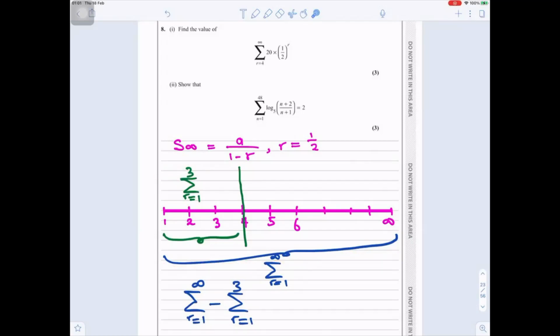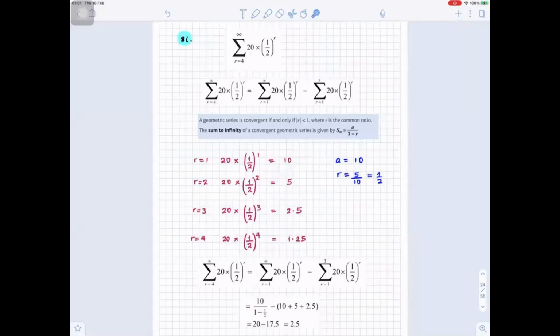That will give us from 4 to infinity. That's the idea. So we want to get from r equals to 1 to infinity minus from 1 to 3. And that will give you from 4 to infinity. And this is the formula for sum to infinity. So when r is 1, we put 1 in there.